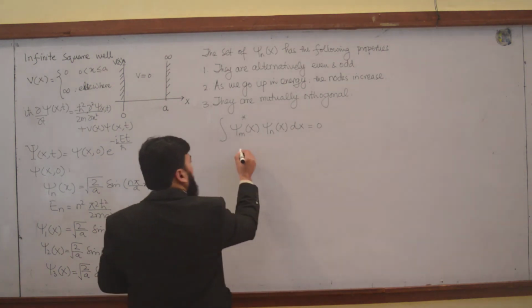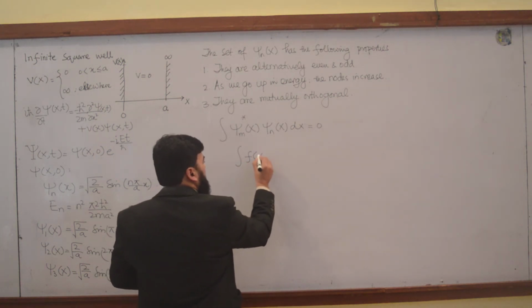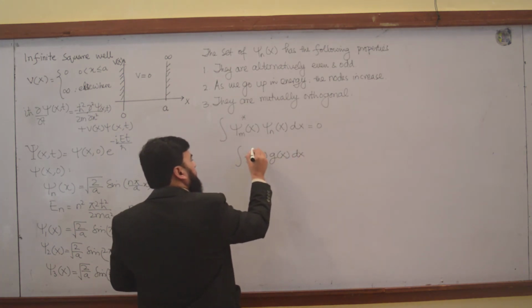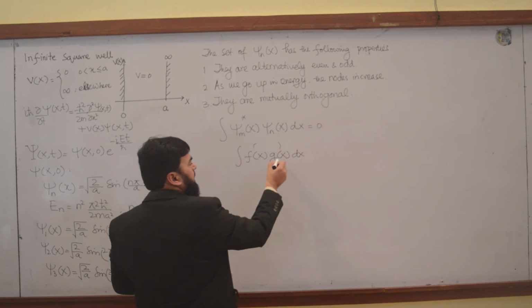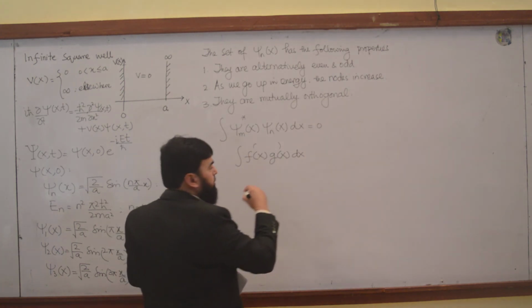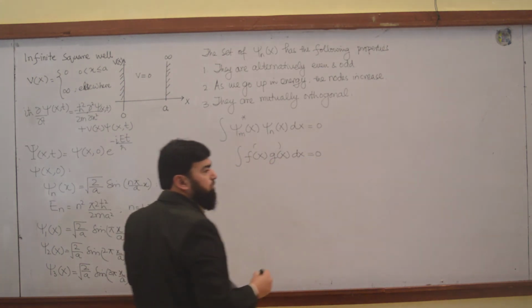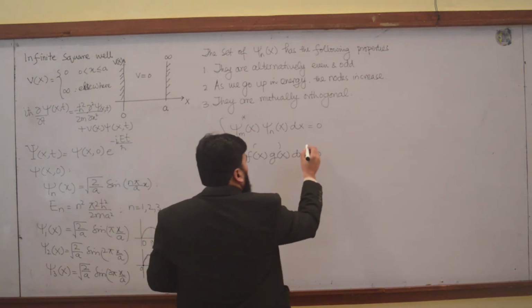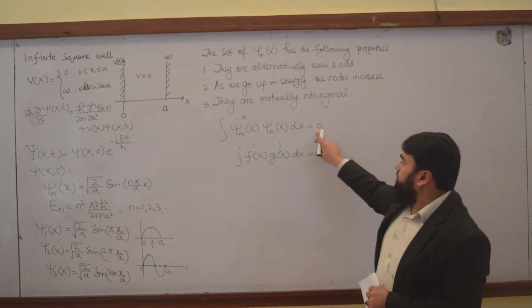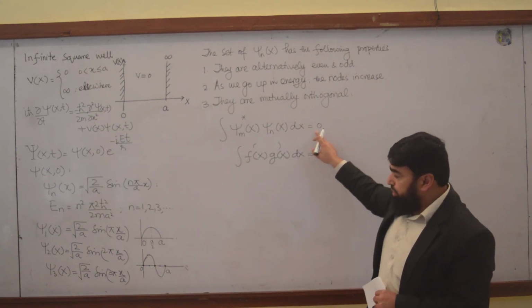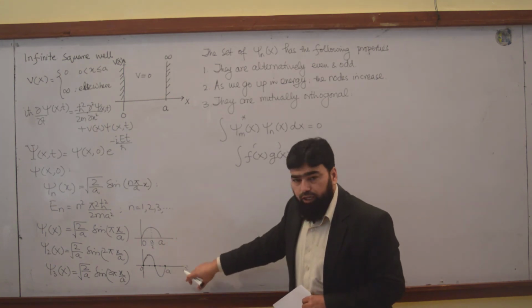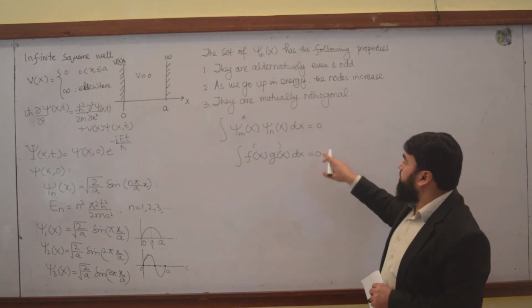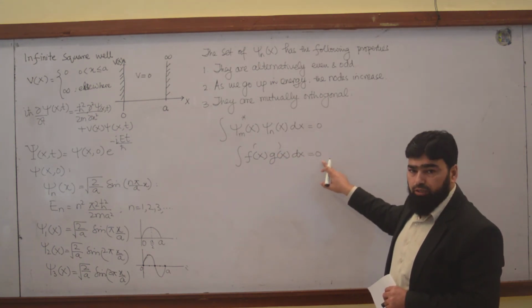Like if you have two functions mathematically, f of x and g of x, and one is an even function and the other is an odd function, then this integral will be equal to 0. Right? So this condition is holding here, because we also have odd and even states. So this will come out to be equal to 0, right?